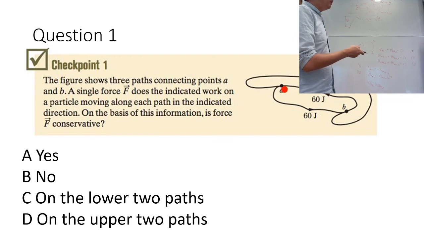But here, what's going to happen is that you go from A to B, you gain 60. You go from B to A, back here, you gain 60 again. So you're up 120. Over here, now you're up 180, 210. So actually, you can just go in this loop and keep on gaining energy.